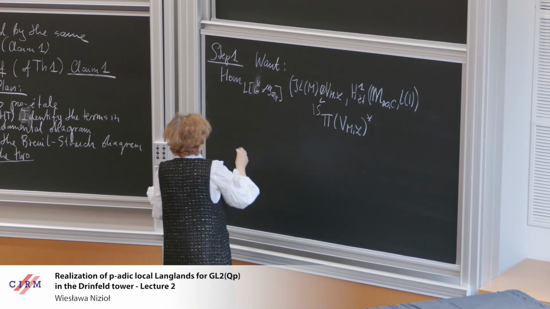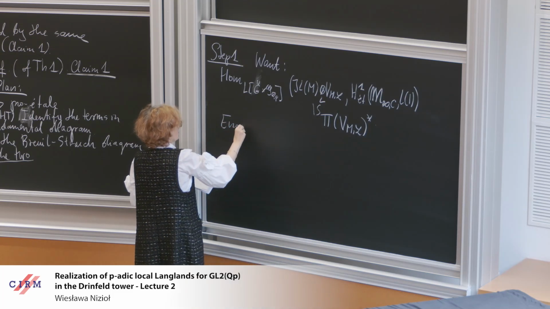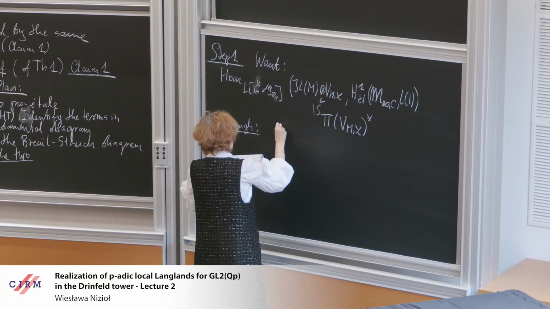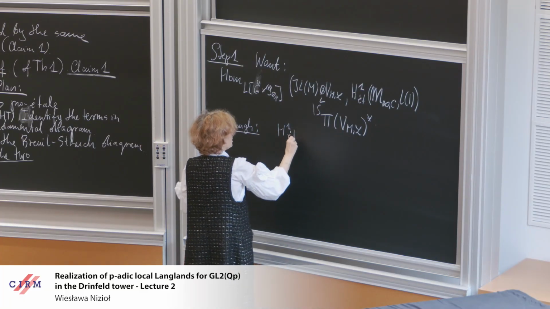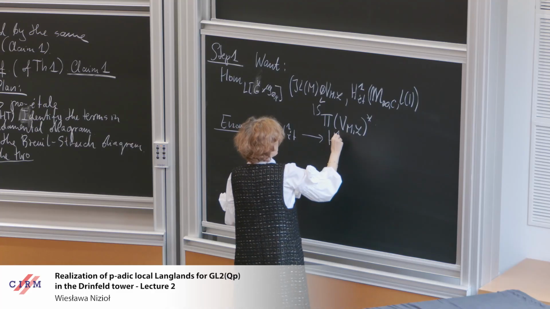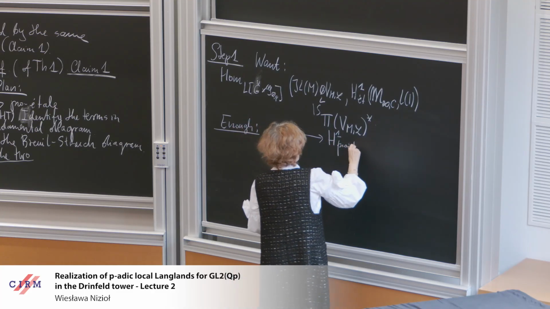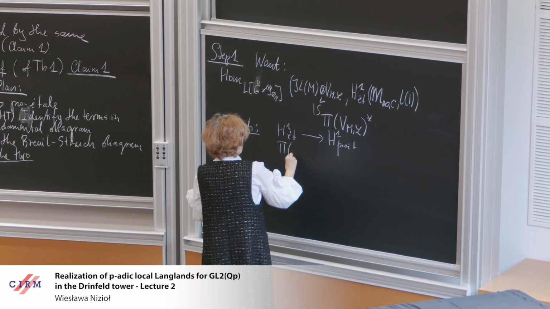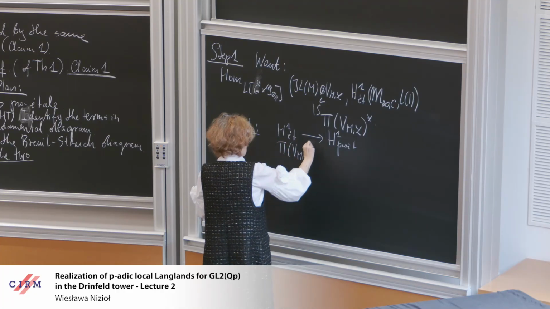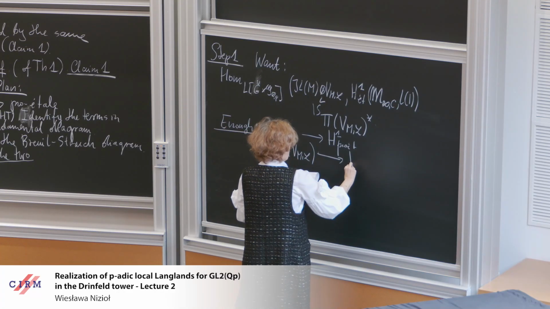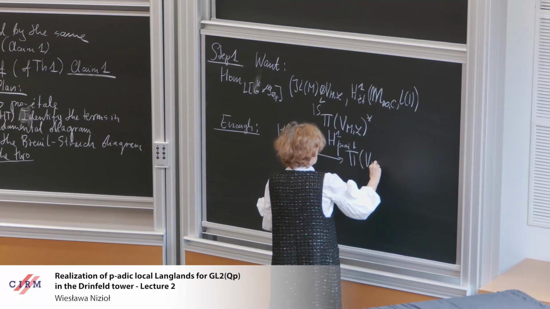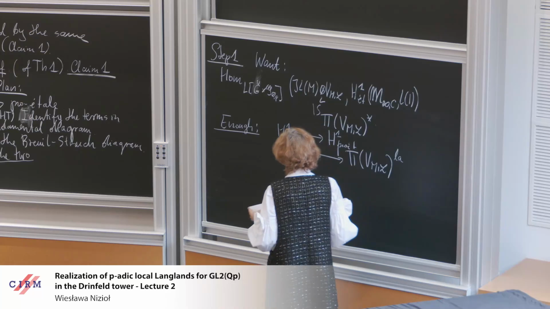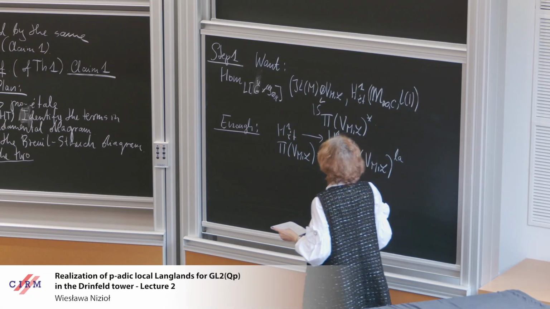So in step 1, we claim that it's enough in this formula to replace H1 et al. via H1 pro et al., which you remember is easier to compute, and to replace pi of VML with pi VML locally analytic vectors.